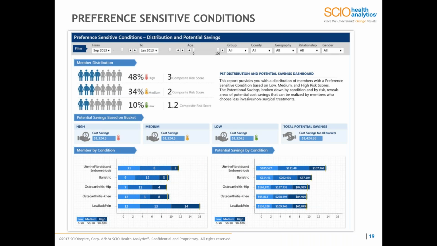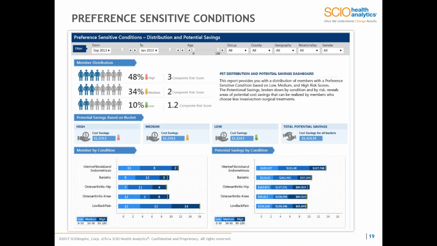Our preference-sensitive treatment model identifies and stratifies members with certain preference-sensitive conditions. We then break those down and assign a severity score that takes several things into consideration: the risk of avoidable surgery within the next 12 months, the episode cost, and the time from now until the potential for surgery.